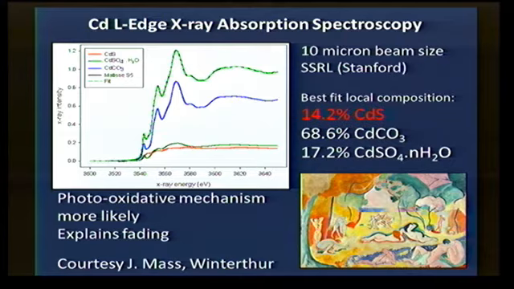Because we have production of those new phases, the cadmium sulfide disappears, and we lose the yellow color. So there is very extensive work being done to understand how the original pigment degrades into those products.